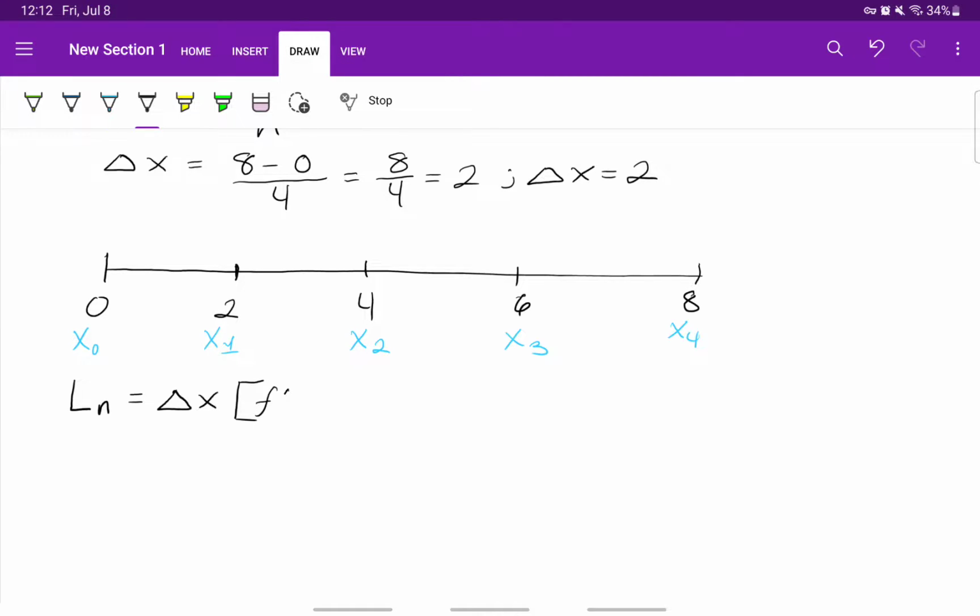So it's going to be f of x sub 0 plus f of x sub 1 plus f of x sub 2, all the way to f of x sub n minus 1. Close that bracket up.